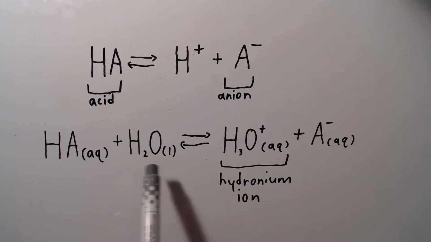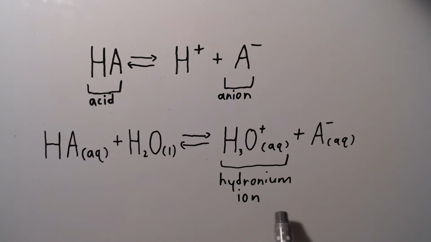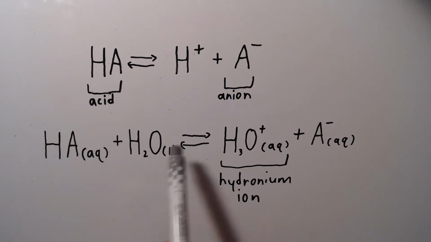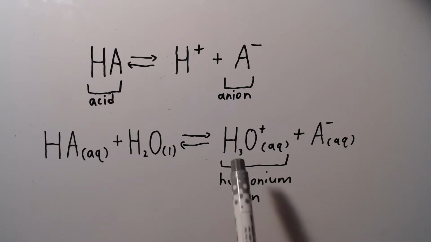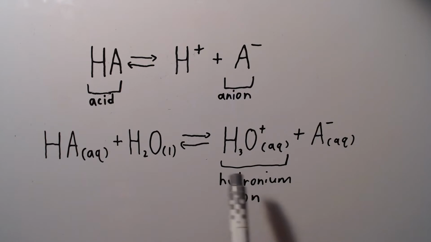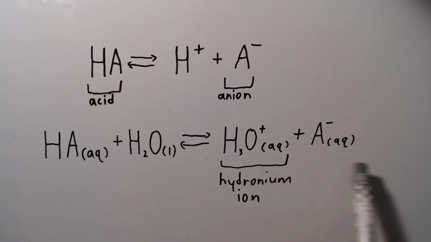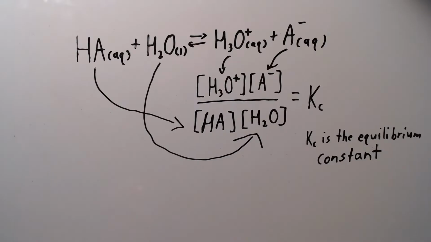And this binding action forms the hydronium ion. These H's right here bind to the H2O to give the H2O an extra H, and this forms the hydronium ion in water. Meanwhile, the anion from this acid remains floating by itself, well, at least in this case.